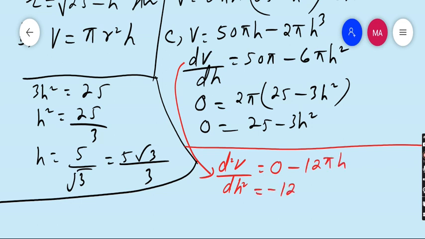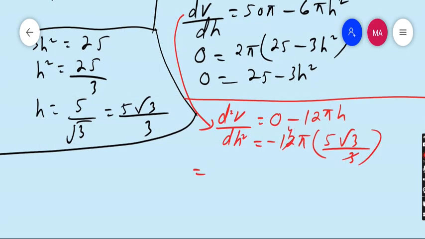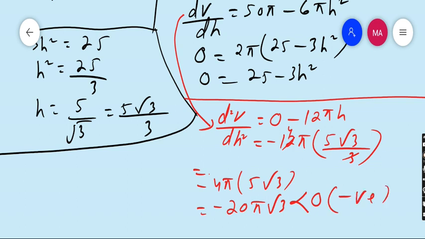So minus 12 pi h. h is 5 root 3 upon 3, so 12 divided by 3 is 4, so minus 4 pi into 5 root 3, which is minus 20 pi root 3, which is less than 0, negative. Hence it is maximum.